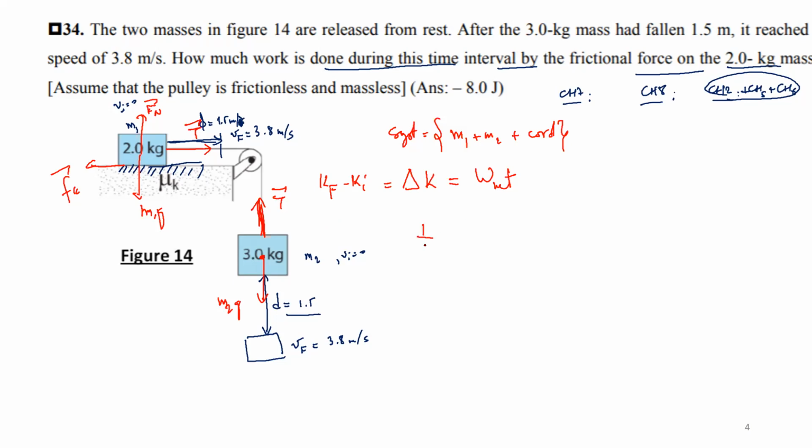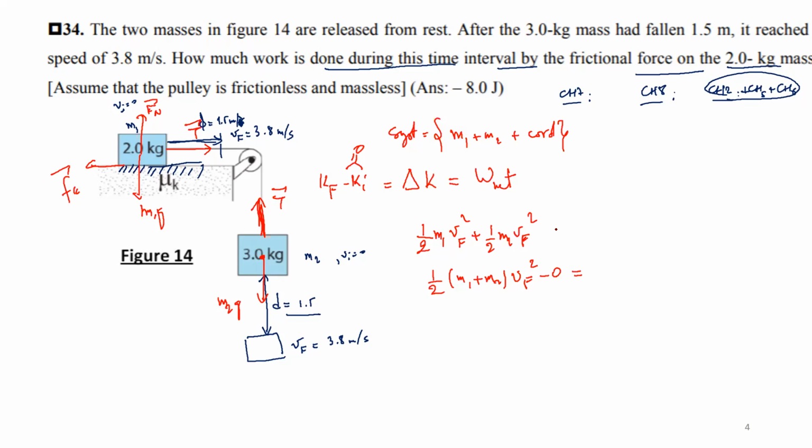So it will be half M1 V final squared plus half M2 V final squared. Basically, this is half (M1 plus M2) V final squared. This is my final kinetic energy because the speed is the same for both of them. It's total mass multiplied by the speed squared. Total mass of this system multiplied by the speed squared. Now, of course, kinetic energy initial is 0, minus 0. And this is equal to what?